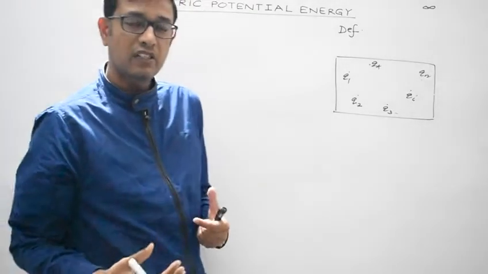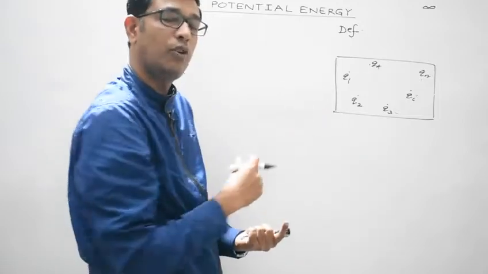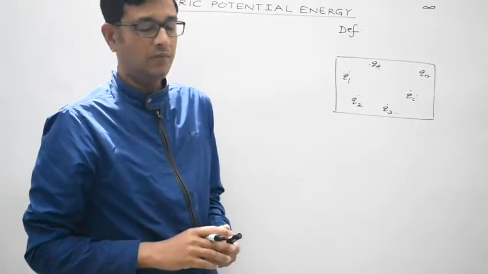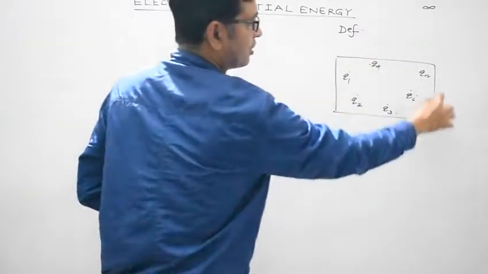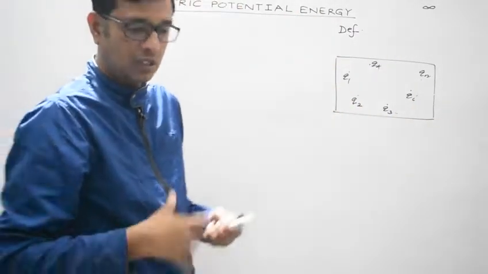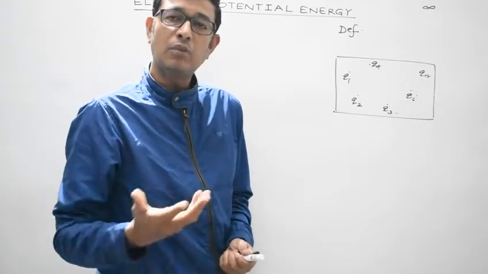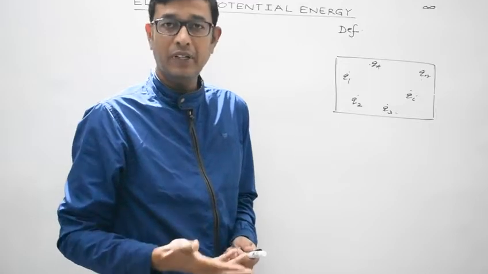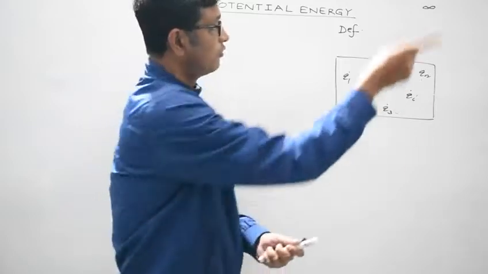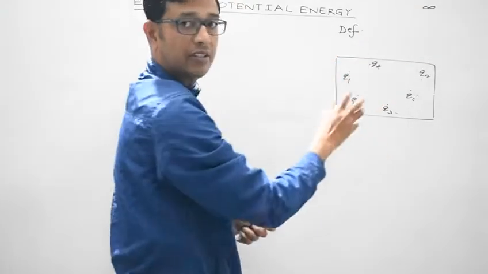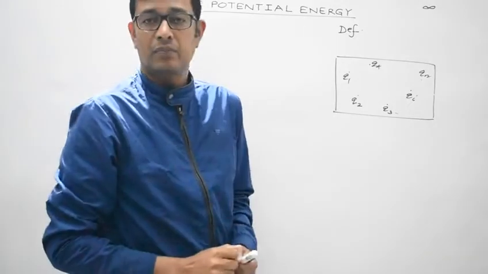And as per the work energy theorem, this work done gets stored in the system in the form of its potential energy. So, electric potential energy of a system comprising any number of charges may be defined as the total amount of work required to bring those charges from infinity to their respective positions. That's the definition of electric potential energy.